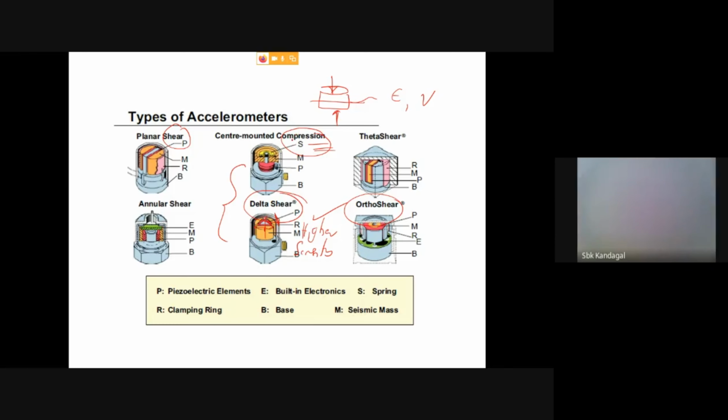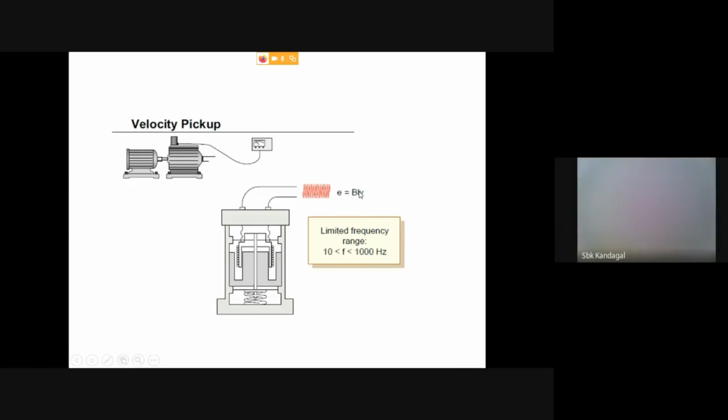Compression accelerometers are always used uniaxially, but these high sensitivity accelerometers are used wherever you need low frequency and high sensitivity. Velocity pickups also have a lesser frequency range of interest, but you can also use these velocity pickups for that purpose.